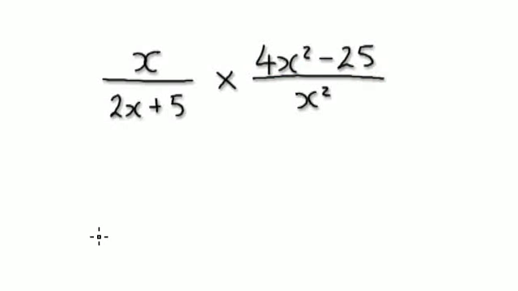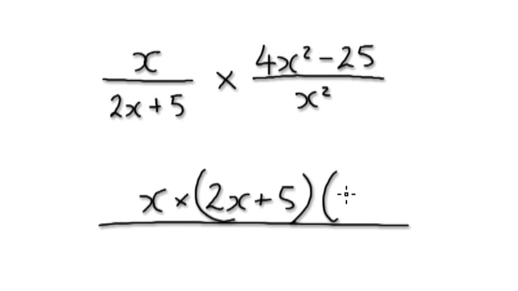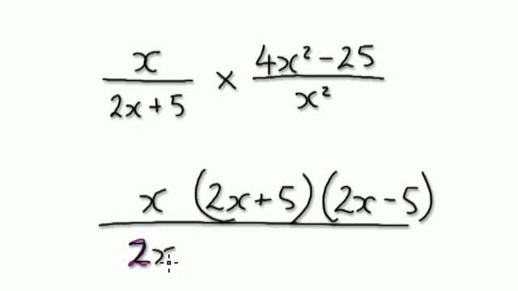So when you see this, immediately jump to this: x, and then x times 2x plus 5, and then 2x minus 5. Actually, we don't need this bit here. At the bottom you've got 2x plus 5, and then x squared here.